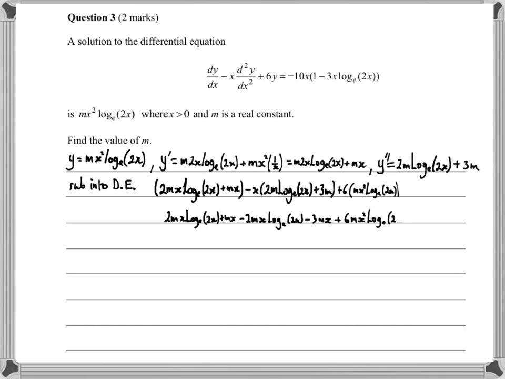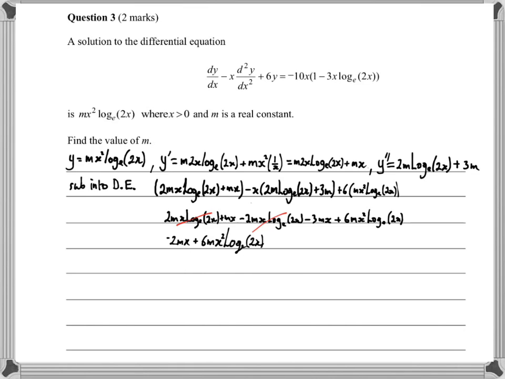Okay, so just by expanding our brackets, the x times this bracket and the 6 times this bracket, expand it out, and then simplifying by their like terms so I can cancel them, we're going to end up with just this as a simplified left hand side.